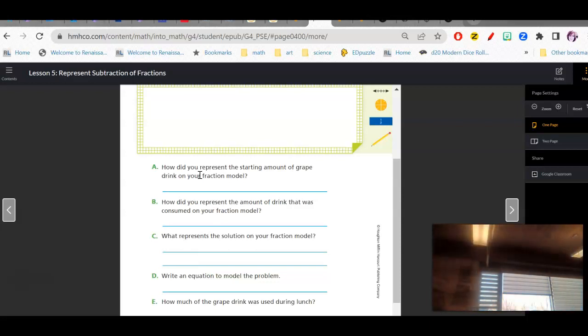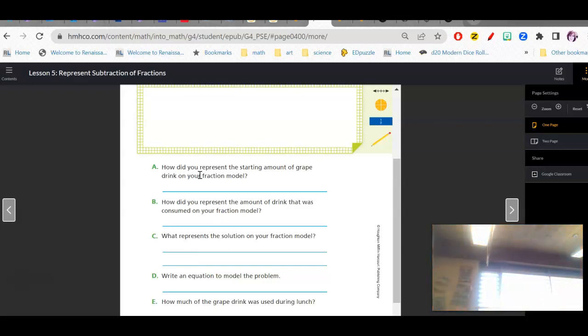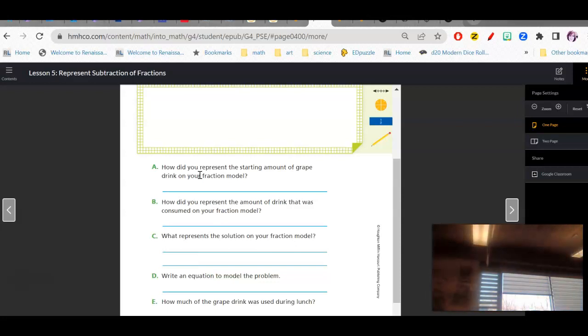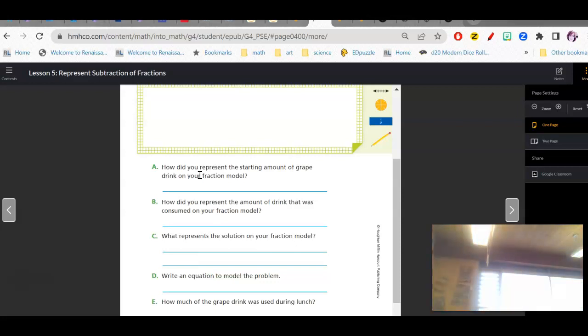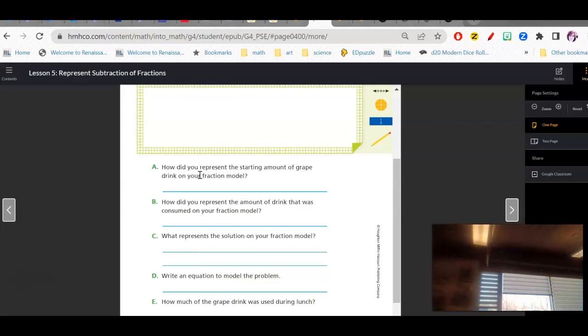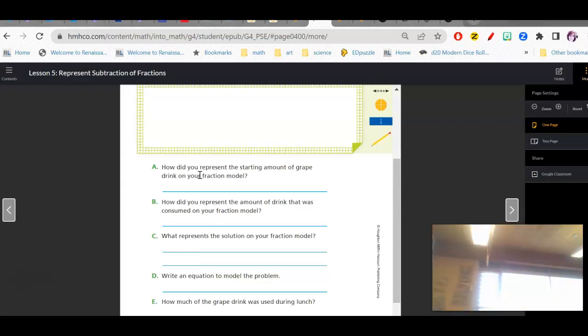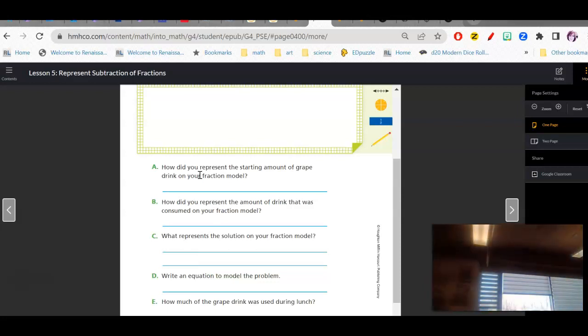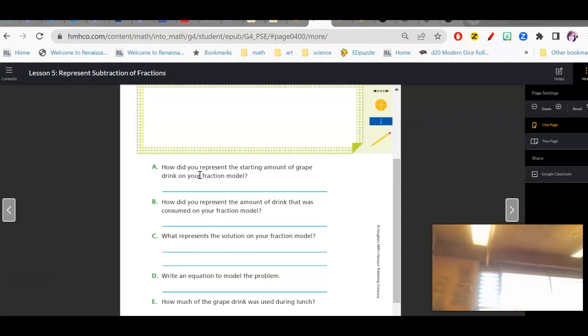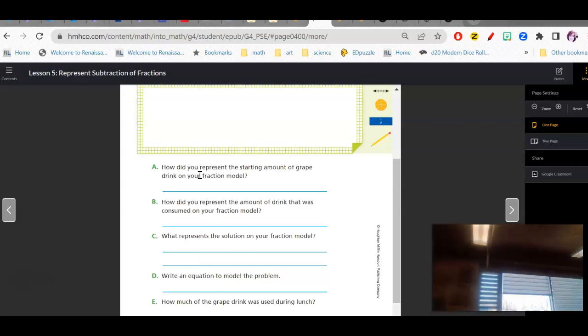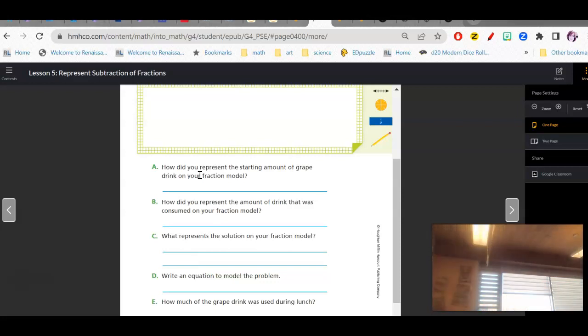Gallons. Yeah. So then our answer is going to be what? For E? 6/10 gallon, right? That's what was left. 6/10 of the gallon. Of the gallon, I should say. There's only one whole, so it's 1 gallon.